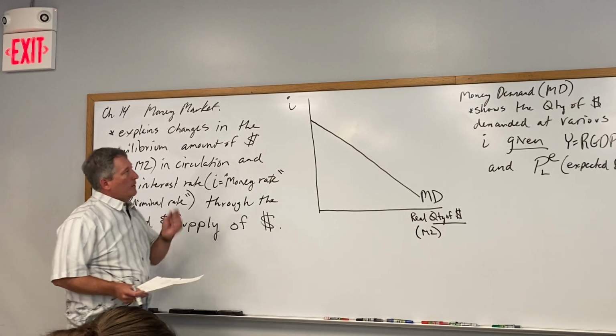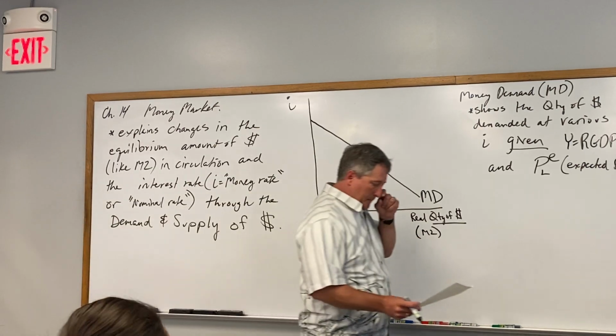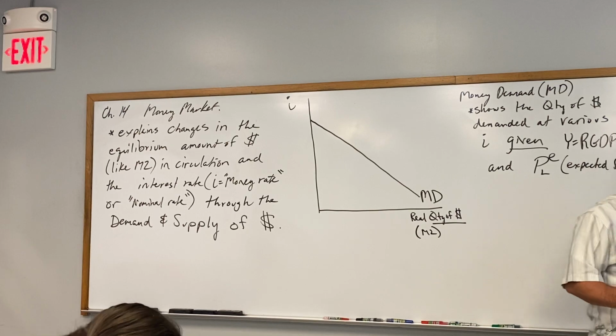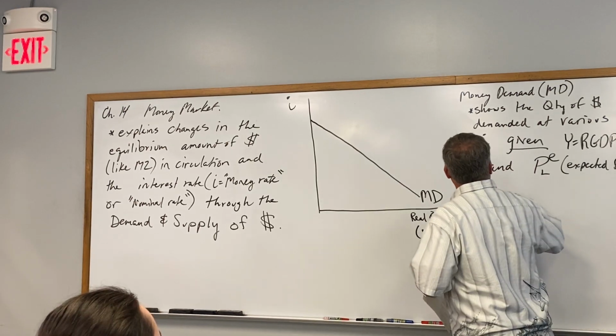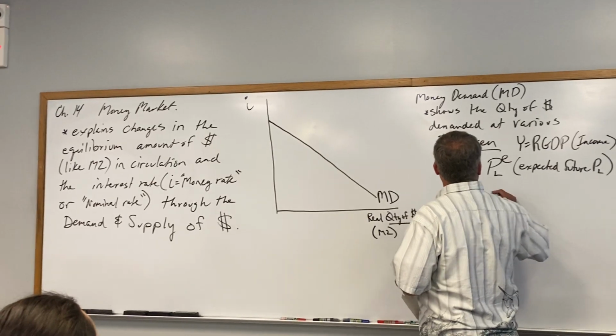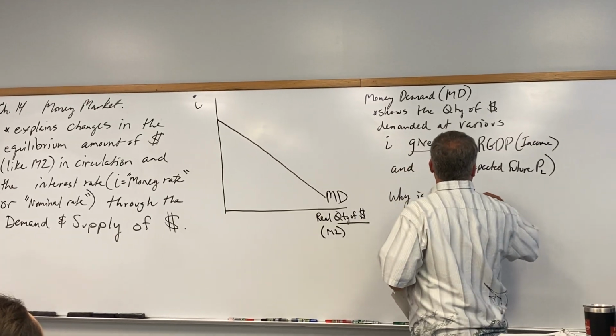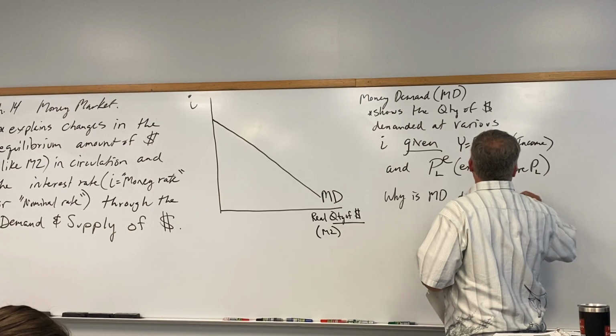Okay, so why is money demand downward sloping?